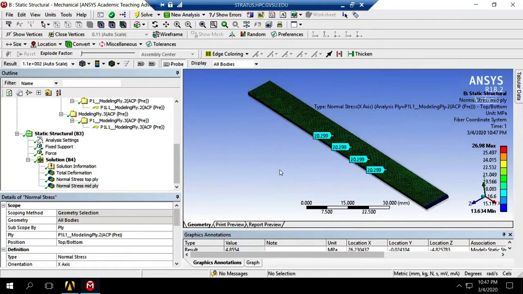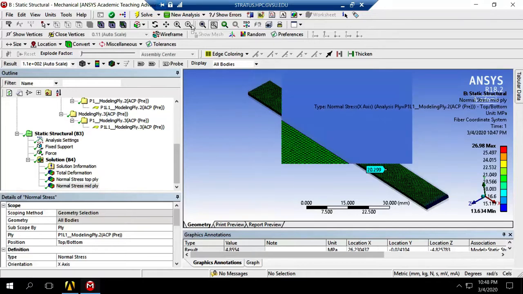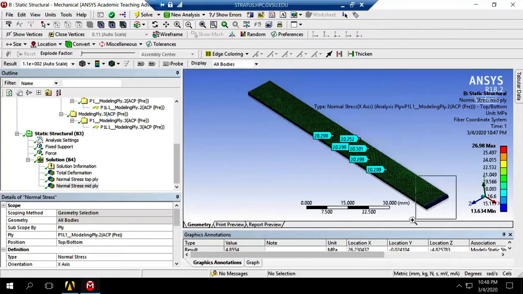So 20.3 megapascal, times 10, means that 203 Newton of that force is carried by the mid layer. And so the mid layer, as we expected, is carrying more load. We are not surprised because it has fibers along the x-axis.